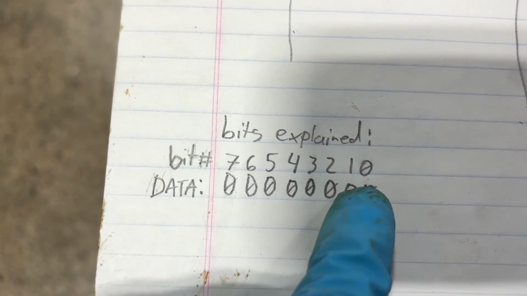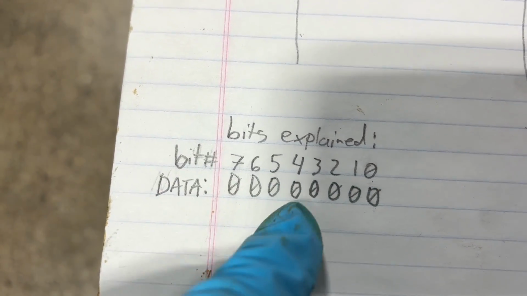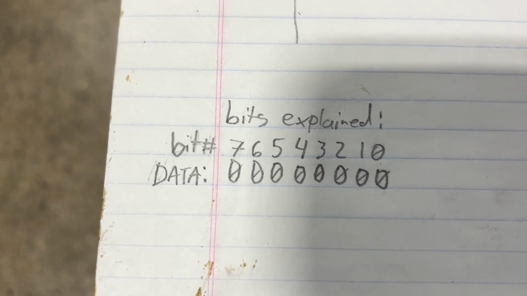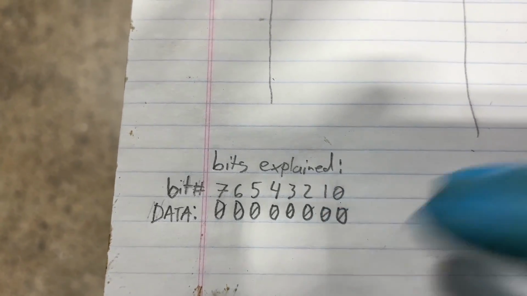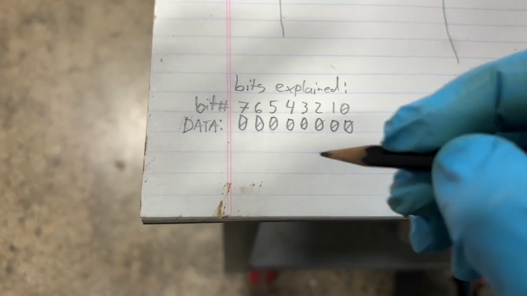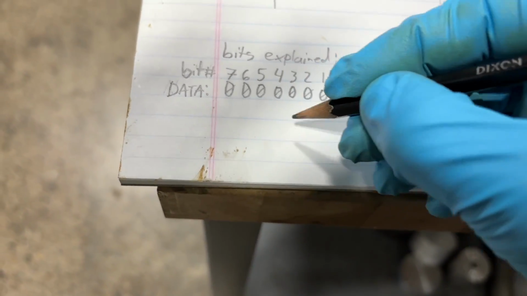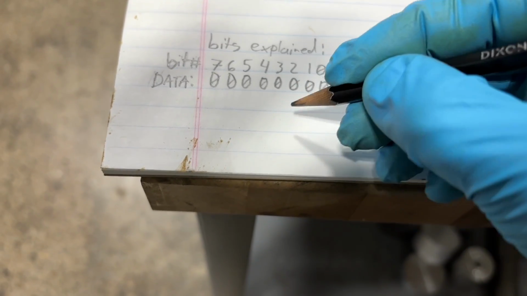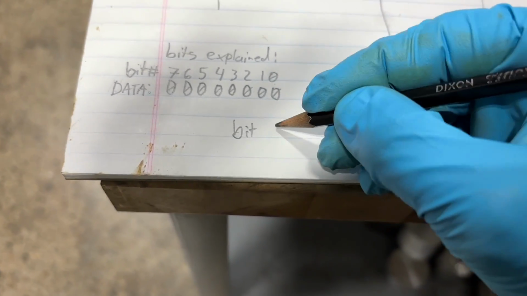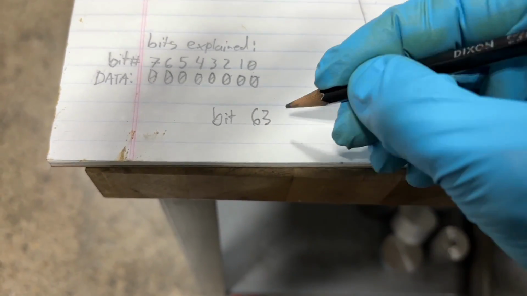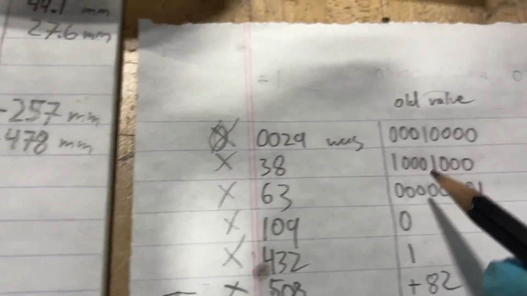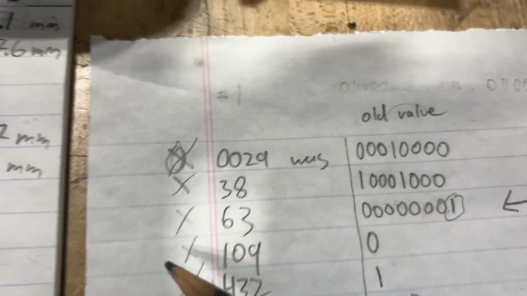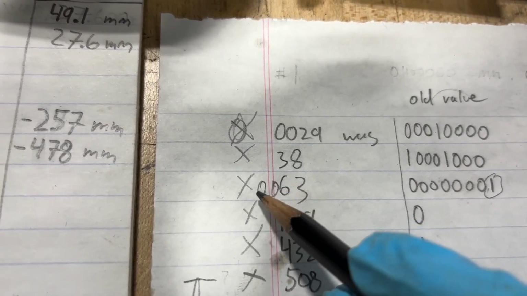Here's a little diagram explaining how the bits work. I'm sure all of you know this, but yeah, important information to have. So if somebody writes, you see this a lot on Practical Machinist, if someone says bit 63.0, they're talking about this bit number 0063.